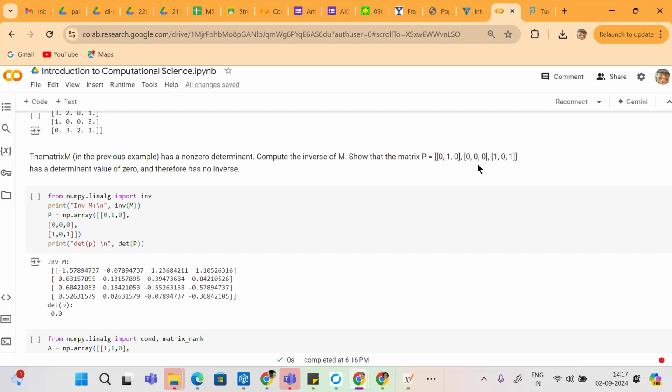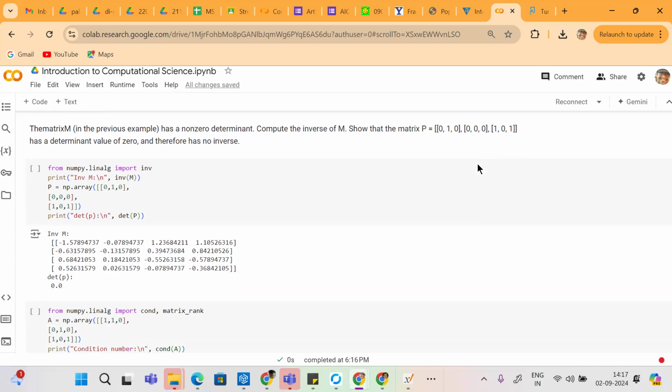So these are just a bit of basic linear algebra. It is not important that you understand everything in this class, but it is important that after you go through this class, you come back to this again and again.